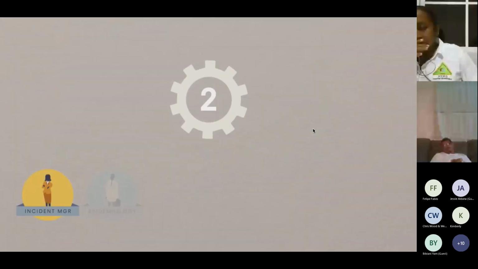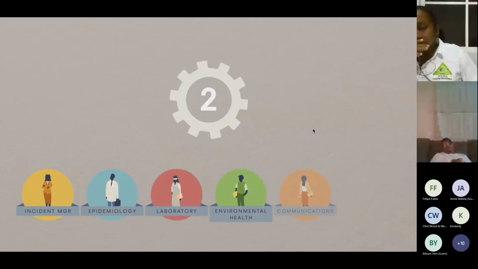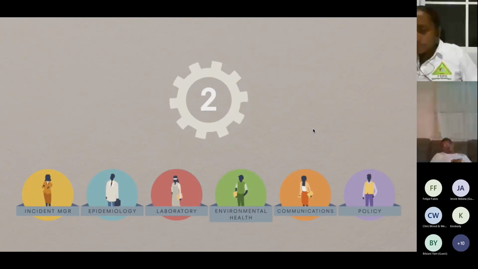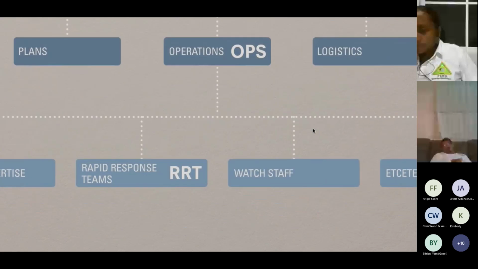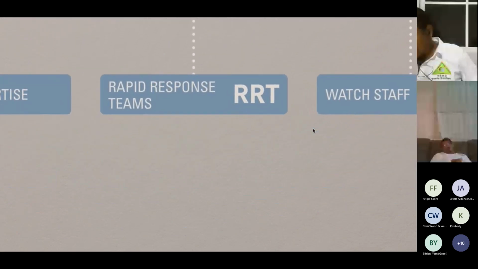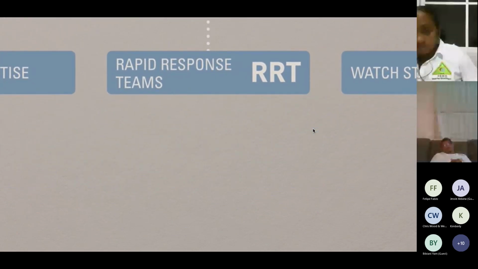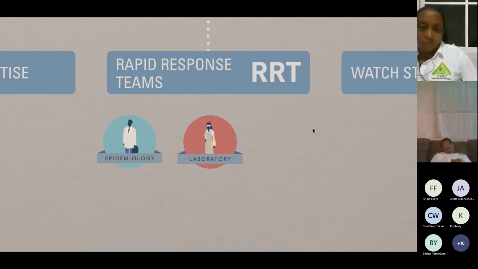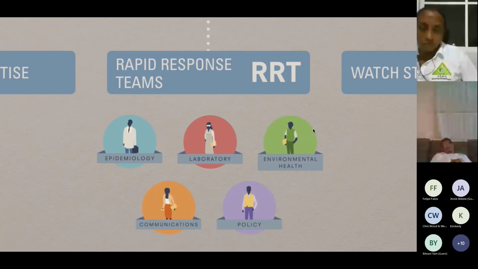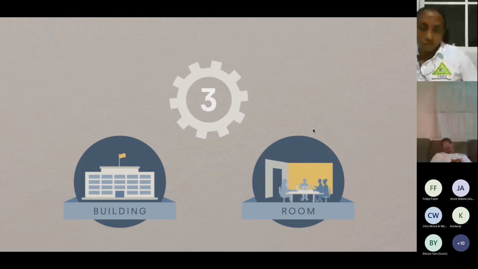Second, identify the personnel who represent the major functions for your area or across areas, including in particular rapid response teams, which can be deployed as needed to particular areas. These teams can be comprised of epidemiologists or disease surveillance specialists, laboratorians, and others, depending on the needs and scope of the mission. Third, identify a location, which may depend on the size of your response or the space you have available to you.